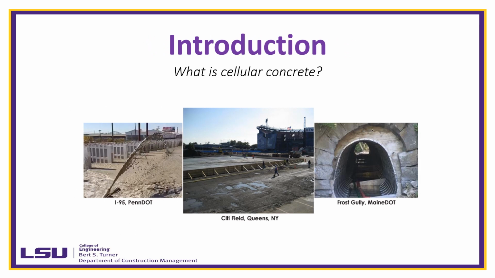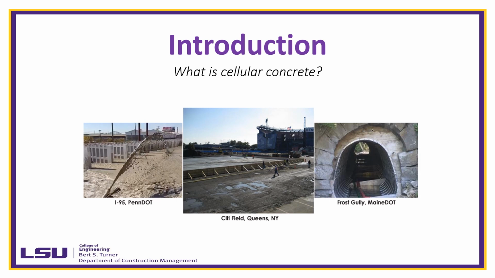Cellular concrete comes in various types, tailored for diverse applications. Aerated concrete, created by introducing air bubbles into a cementitious mixture, offers excellent insulation properties and is ideal for walls. Foam concrete, made by blending a cementitious slurry with preformed foam, exhibits low density and is suitable for filling voids.